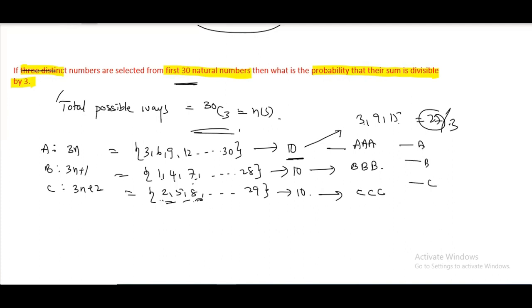What are the possibilities, the favorable outcomes? Here, what do we have as favorable outcomes?